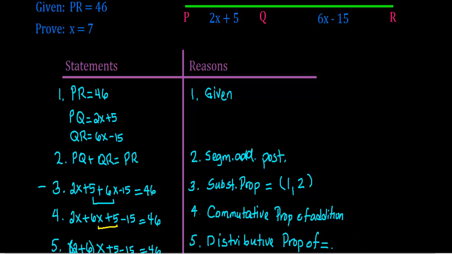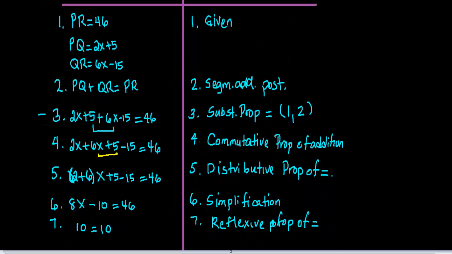Okay, so we're all the way up to step number 7. Let me write step number 8. I think it fits. Step number 8 would be to go ahead and add that same number to both sides. And when I do add 10 to both sides, I end up with 8x equal to 46. And how did I get there? Well, by the addition property of equality.